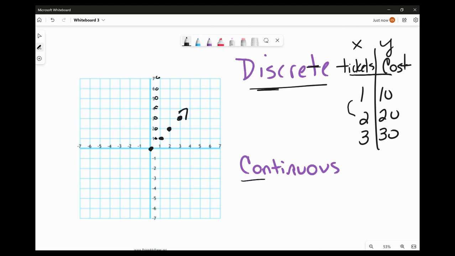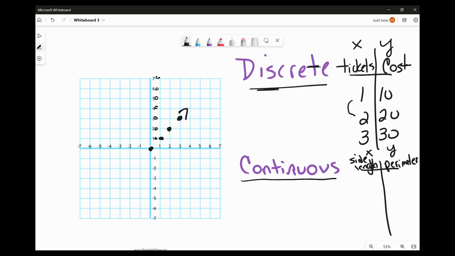If we're talking about a continuous domain, an example for that would be, I'll take the X and the Y, but let's say we're talking about a side length of a rectangle and its perimeter. Sorry, it's a little bit messy here, I'm trying to squish it in.